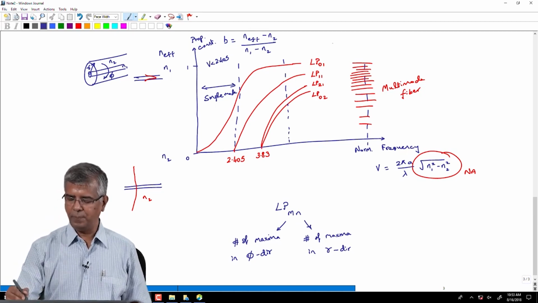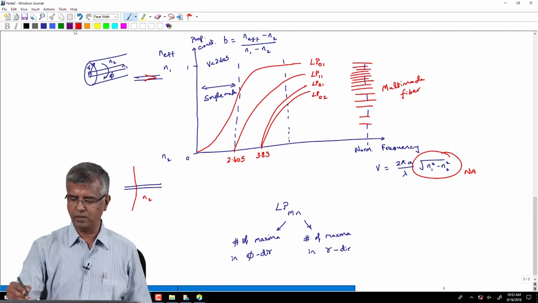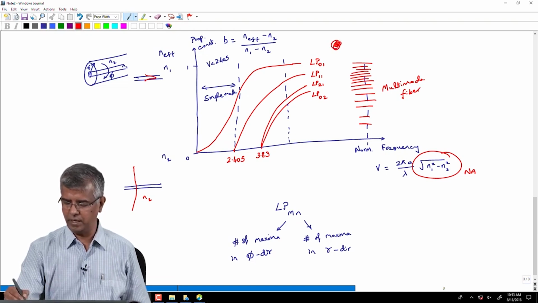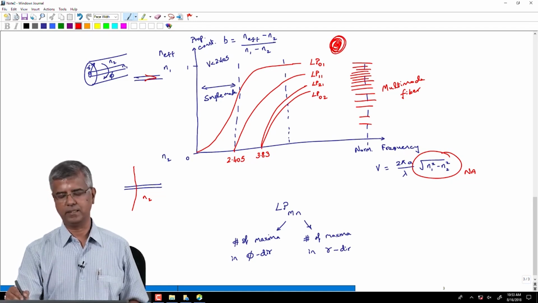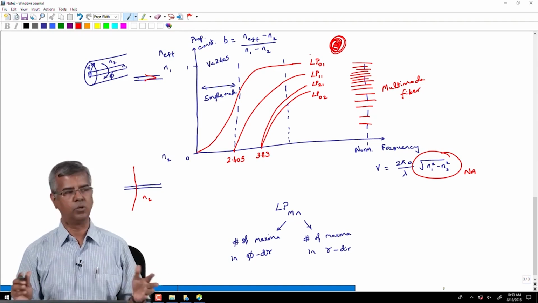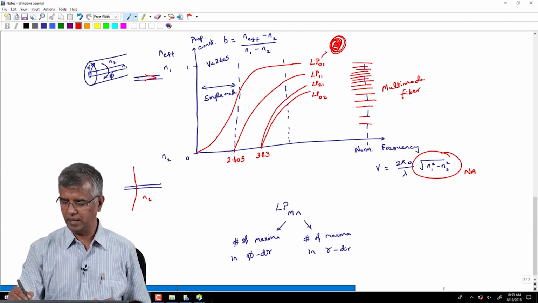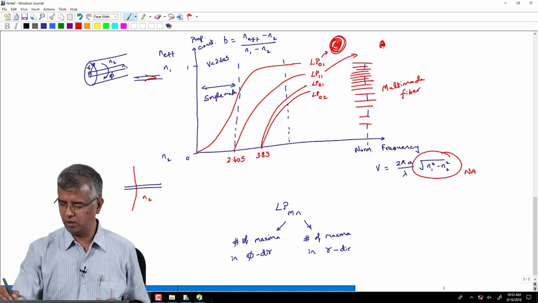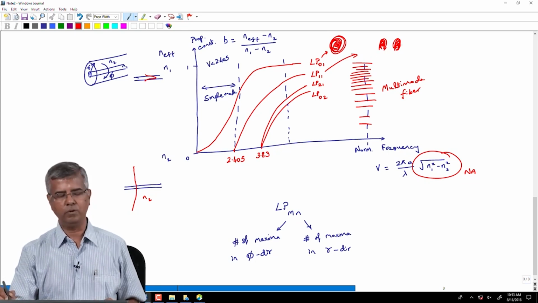So, LP01, for example, will have a field configuration like this. It will be fairly dense at the center, and then it will fall off as you go outside in the radial direction. So, this will be LP01, whereas LP11 will look fairly dense in the center, but fall off, and then it will have two lobes.